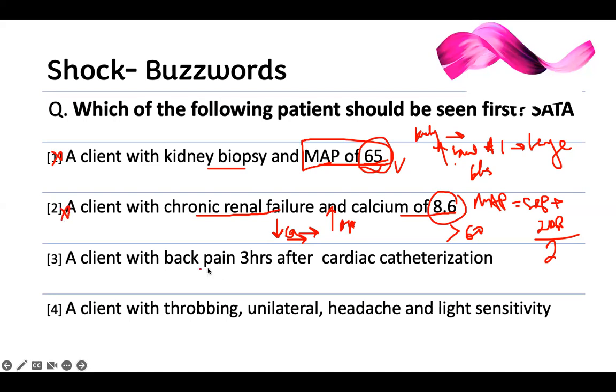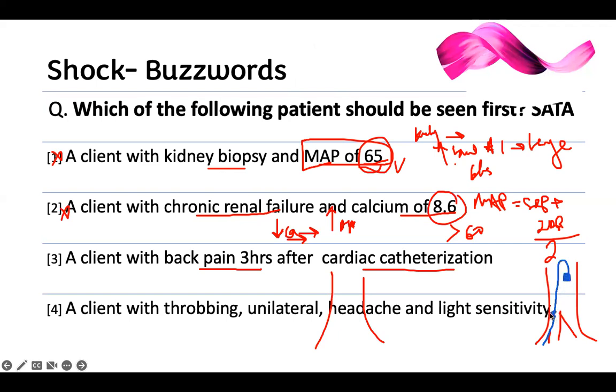A client with back pain, 3 hours after cardiac catheterization. This doesn't sound good. If this is the body, when we're doing cardiac catheterization, you go into the groin, here into the femoral artery, and they go all the way into your heart, and they do the catheterization.